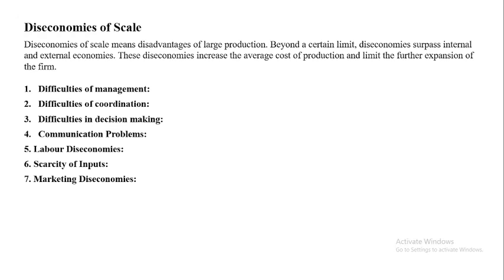Then what are the important types of disadvantages when production increases beyond a certain limit? The first one is difficulties of management. When production increases beyond a certain limit, some kind of problems arise, especially the management becomes very difficult.